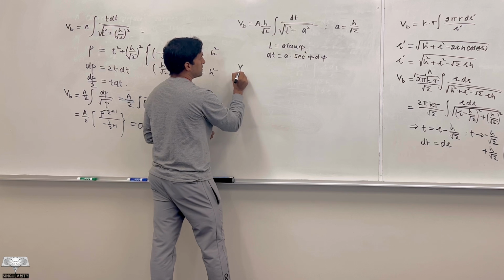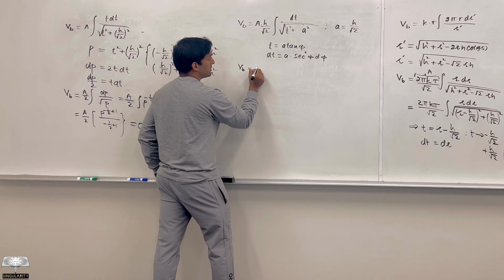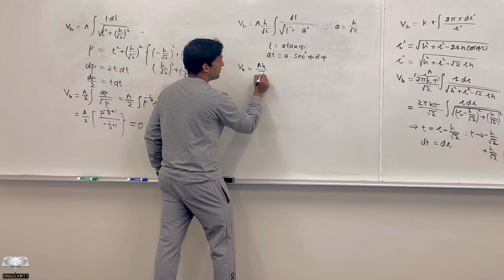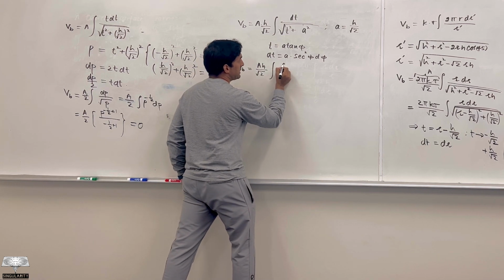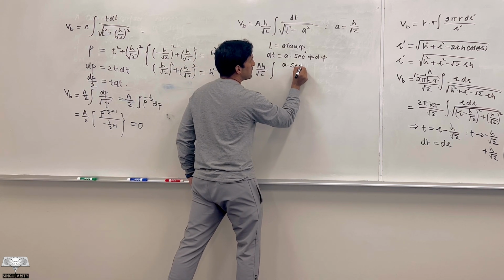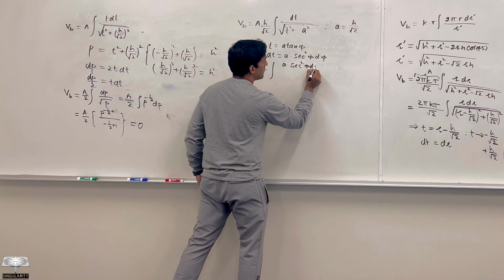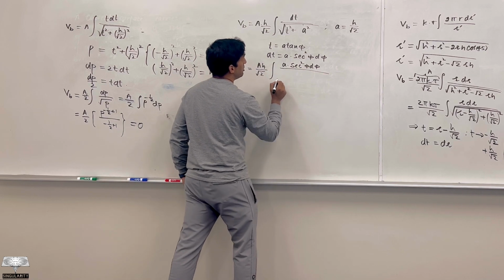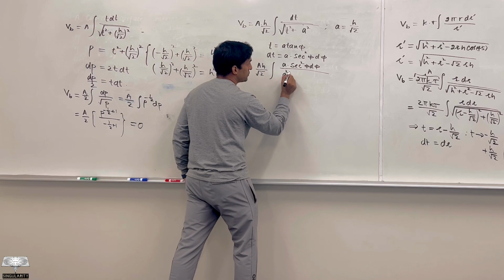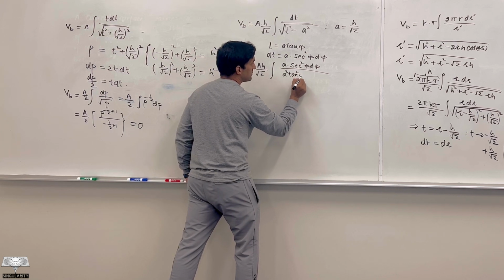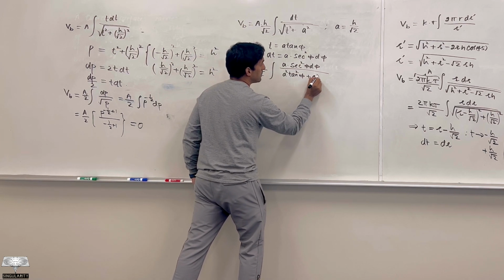So this becomes VB equals a h divided by square root 2 integral of a secant square phi d phi divided by the square root of a square tan square phi plus a square.